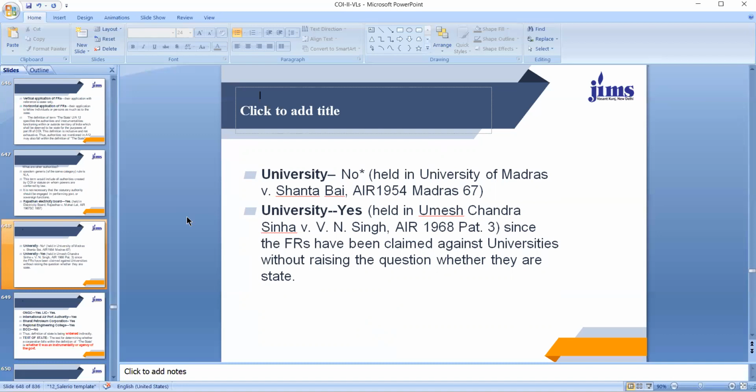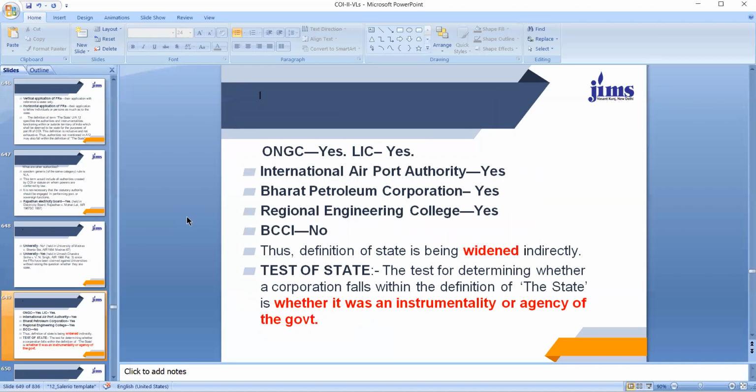But Allahabad High Court in 1968 in Umesh Chandra versus V.N. Singh decided that since the fundamental rights have been claimed against universities without raising the question whether they are state or not, yes, university is also a state and university cannot violate the fundamental rights of the students. What about ONGC? Yes, they are state.